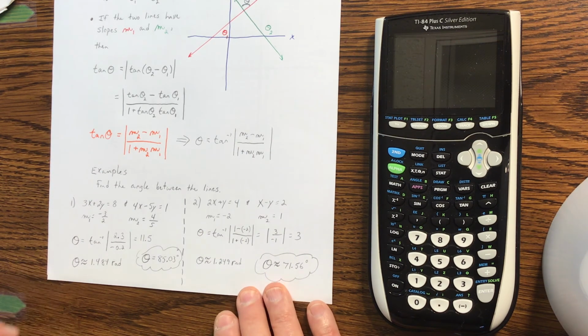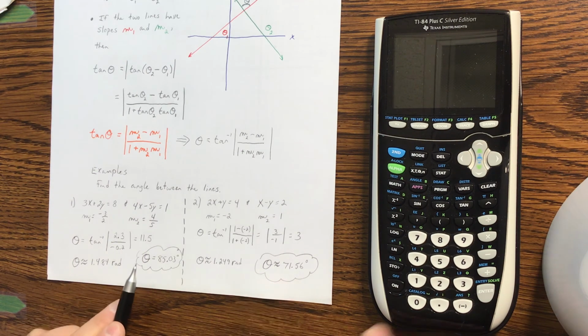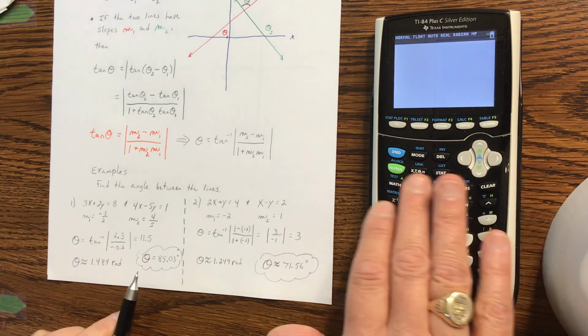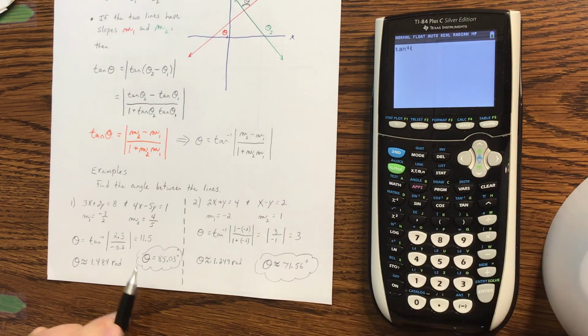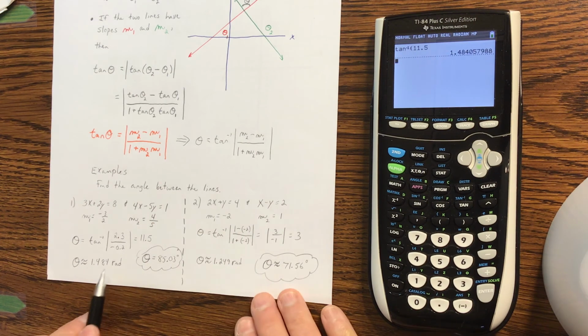You know what absolute value is. Do your math, okay? So calculator, second tangent of 11.5 is, once again, this is going to be given to you in radians. You need to convert it from radians to degrees, and you'll see that this example right here, number 1, has an angle between the two lines of 85.03 degrees.